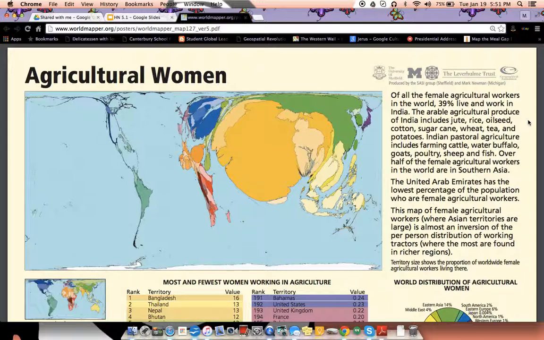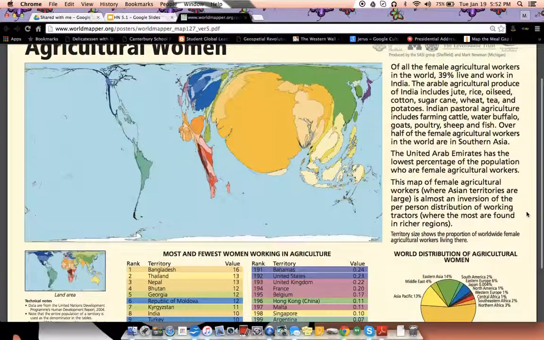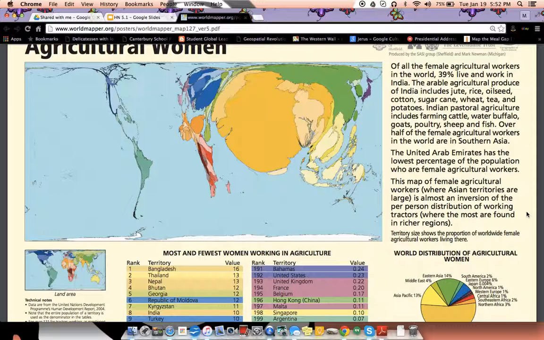Over half of the female agricultural workers in the world are in southern Asia. The United Arab Emirates has the lowest percentage of the population who are female agricultural workers. This map of female agricultural workers, where Asian territories are large, is almost an inversion of the per person distribution of working tractors, where the most are found in richer regions.